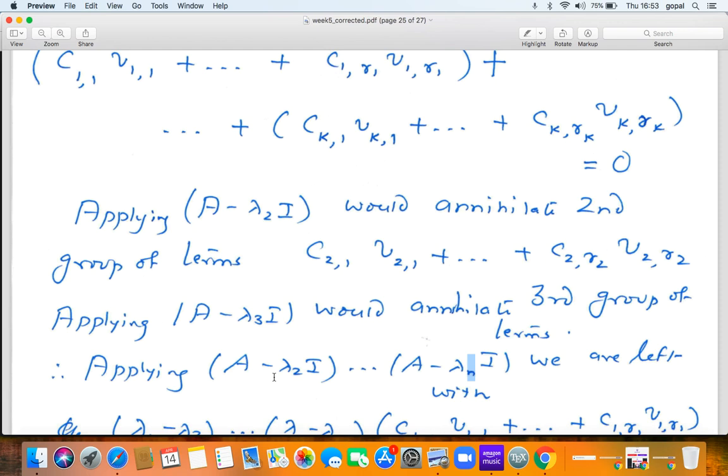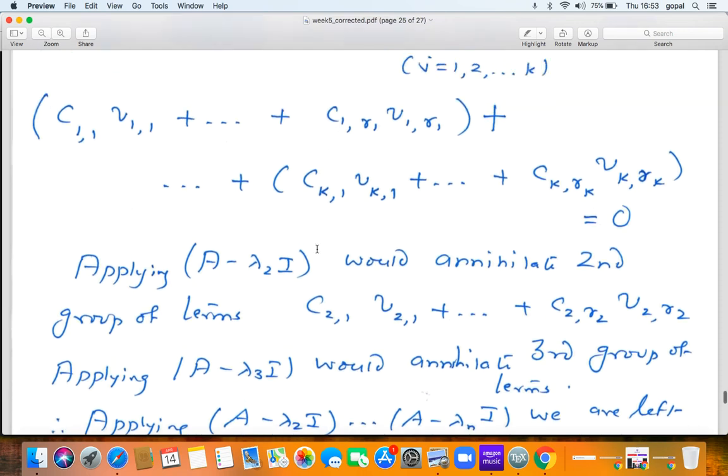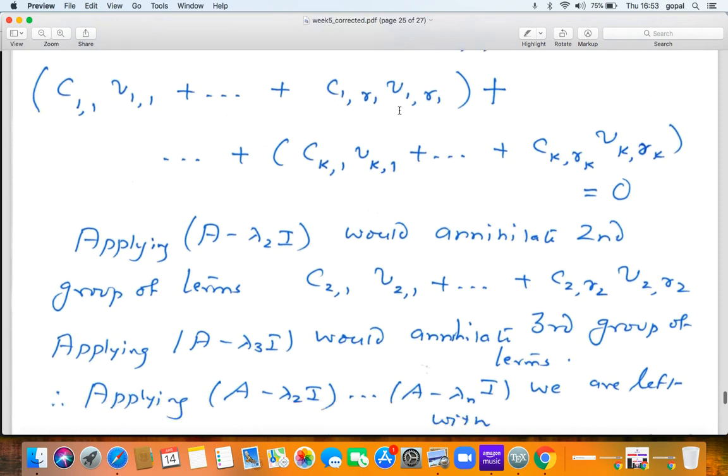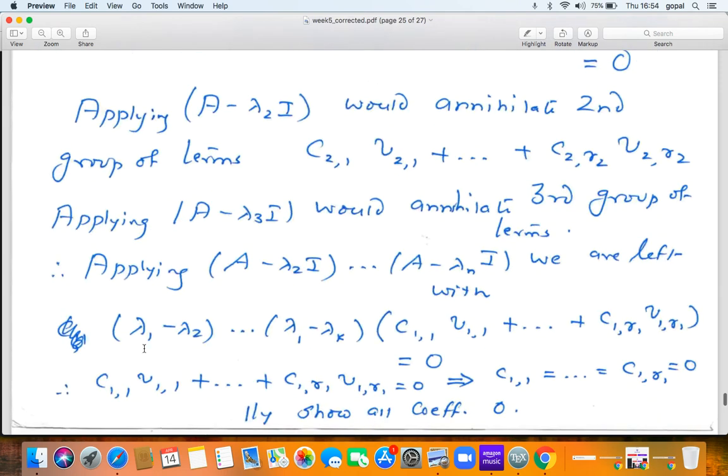So if I apply A minus lambda 2, A minus lambda 3, A minus lambda k, all the things will disappear except those things in the first parenthesis. What about those things in the first parenthesis? I will get lambda 1 minus lambda 2, lambda 1 minus lambda 3, lambda 1 minus lambda k from all the terms, and I'll be left with c11 v11 plus dot dot dot plus c1 gamma 1 v1 gamma 1.